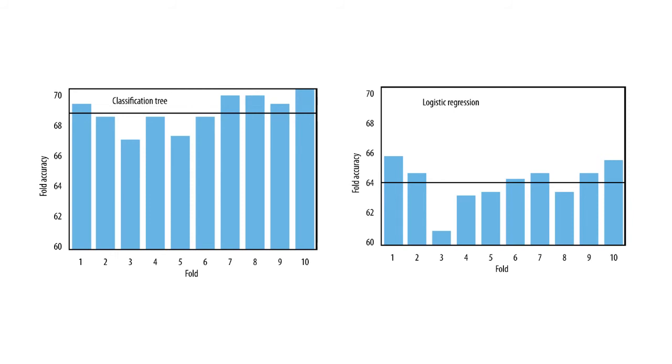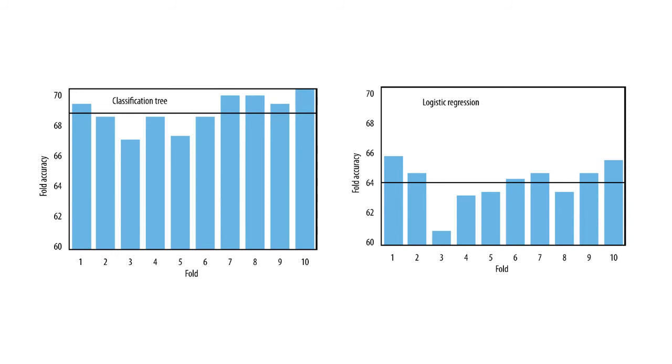We can see that the logistic regression model approach shows slightly lower average accuracy, around 64%. There is also a higher variation, or in fact a standard deviation of 1.3, compared to the classification tree approach.